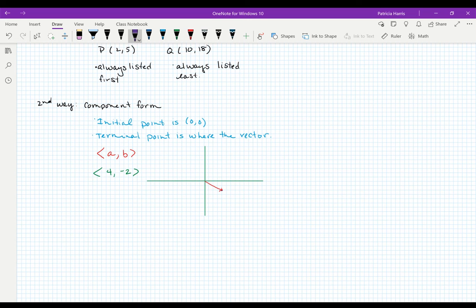Okay, let's do another one. Let's do -10 and then 7. Okay, so to graph that vector, you'd find -10, 1, 2, 3, 4, 5, 6, 7, 8, 9, 10, and then go up 7.